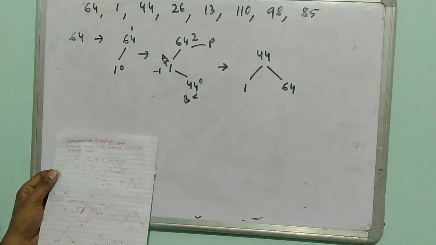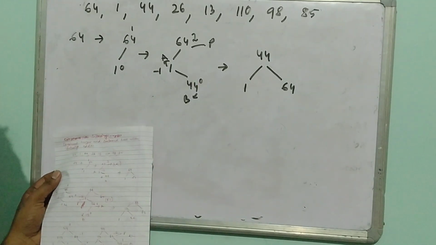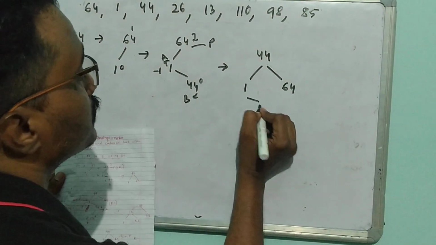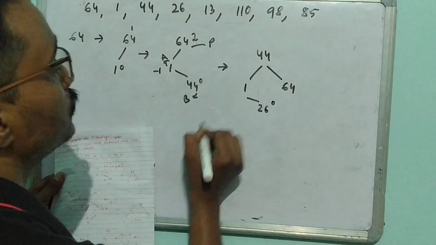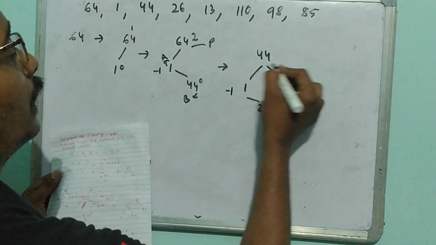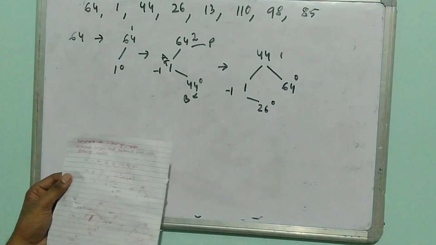Now 26 is inserted, and obviously 26 will be the left part of this. So 26 becomes 0, this becomes -1, this becomes 1, and this becomes 2.